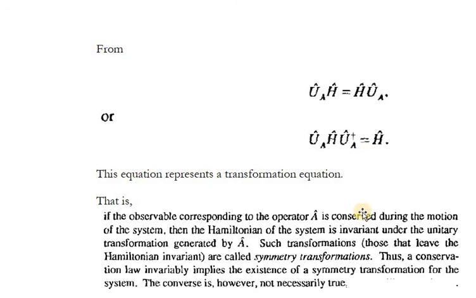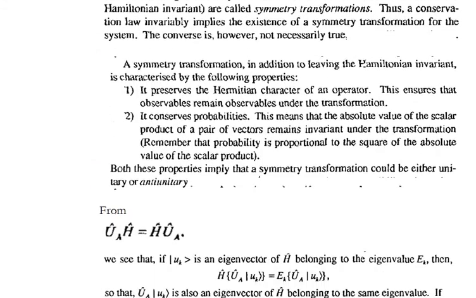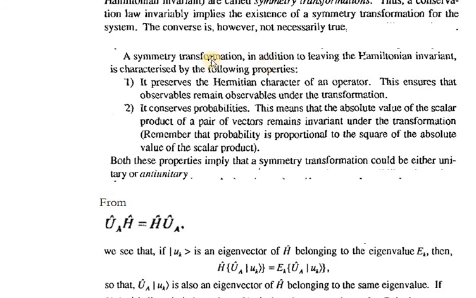Thus, a conservation law invariably implies the existence of a symmetry transformation for the system. The converse is, however, not necessarily true. A symmetry transformation, in addition to leaving the Hamiltonian invariant, is characterized by the following properties. It preserves the Hermitian character of an operator.